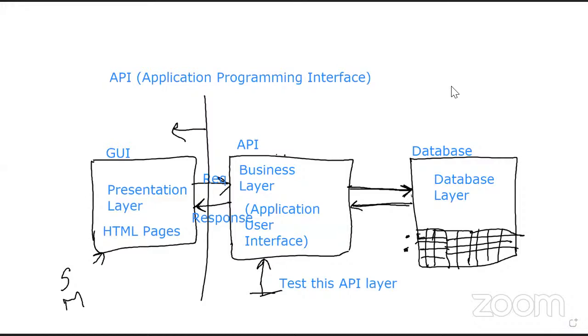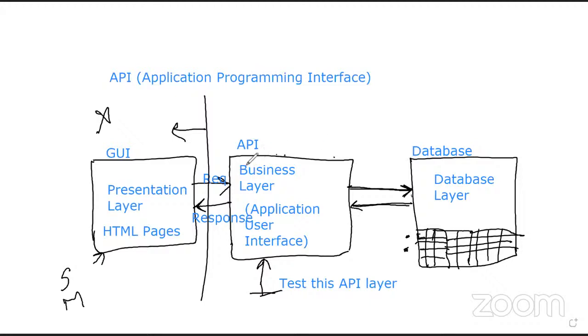So in API testing, we are not going to look at this GUI. Maybe it is not even developed. We test the APIs when this core logic is developed. Initially, your developers will start developing the database and then the APIs.